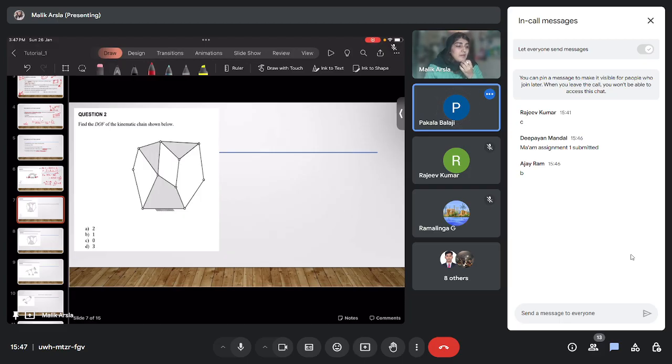So you would be having a SWAYAM ID, right? Then you would be watching the videos from the portal, right? Yes, ma'am. So maybe in that portal there would be assignments also. Is it so? Deepayan, can you tell? Yes, ma'am, it is there on the portal.